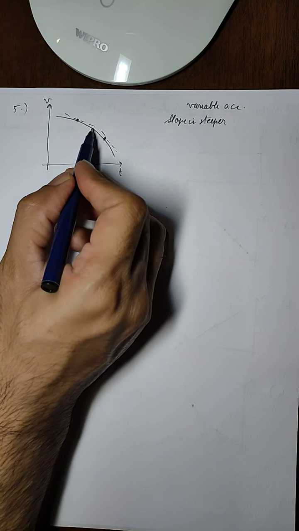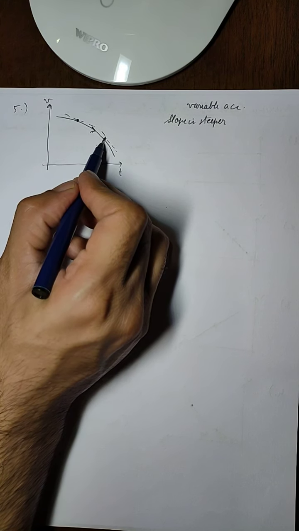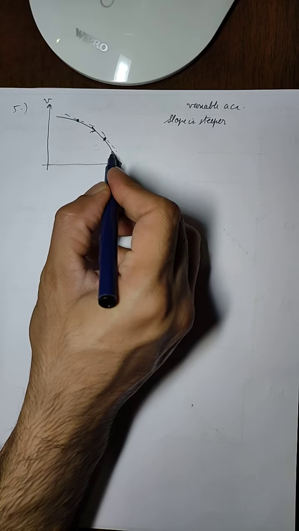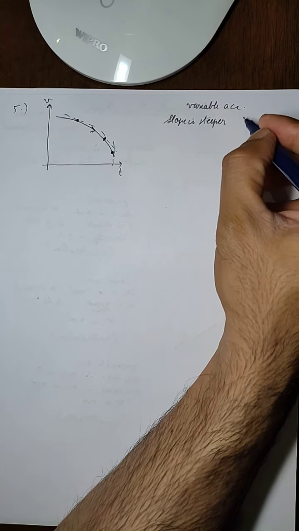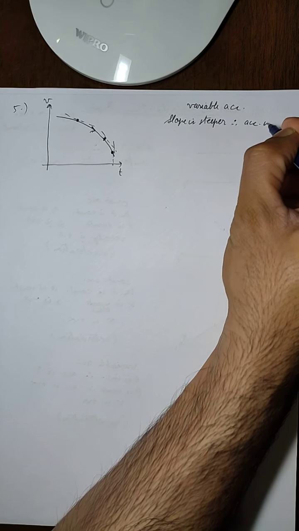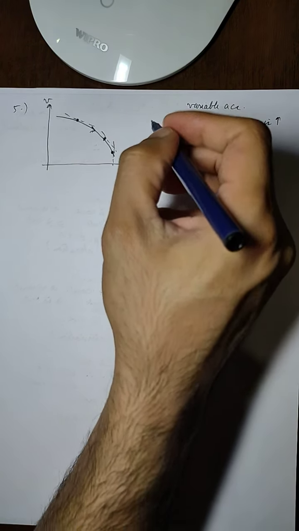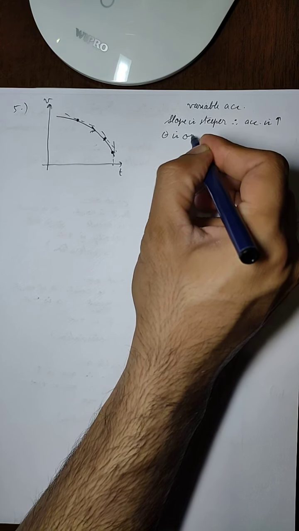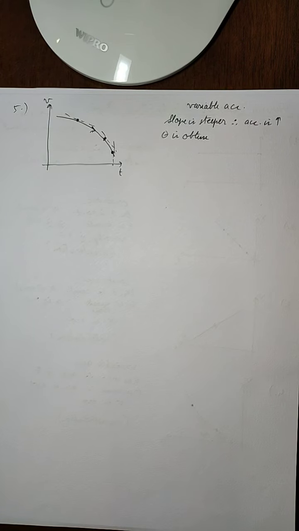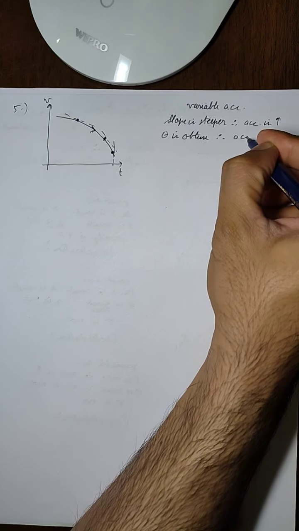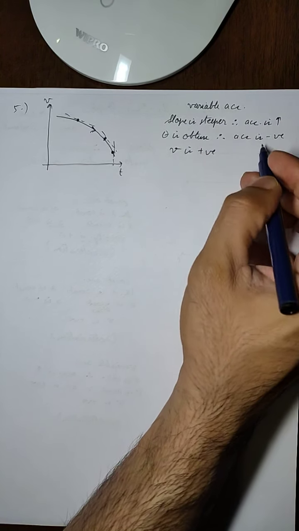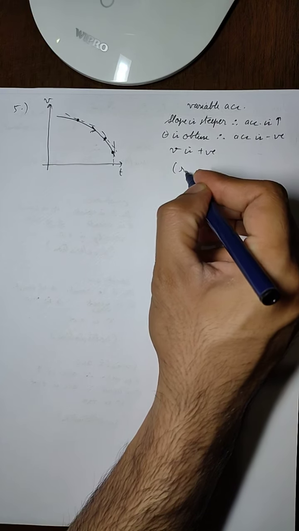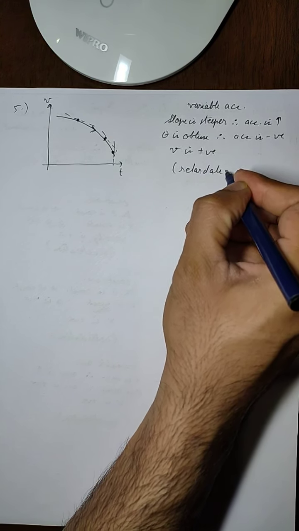The slope at this point, as we are going in this direction, is steeper than at this point. If we take another point, then the slope becomes steeper still. So since the slope is steeper, that means acceleration is increasing, but theta is obtuse. If theta is obtuse, that means tan theta is negative, or acceleration is negative. Now since velocity is positive and acceleration is negative, it will be a case of retardation.